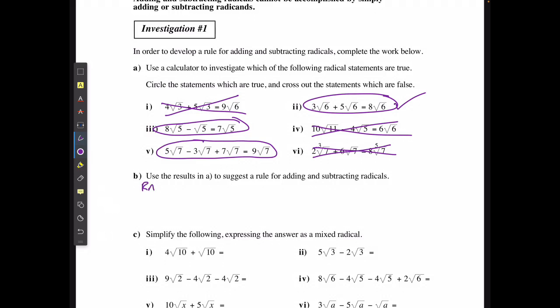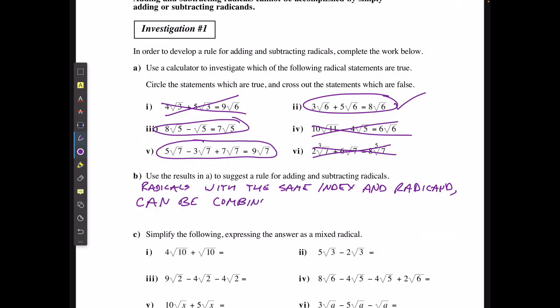Well, radicals with the same index and radicands can be combined. Add or subtract the coefficients.